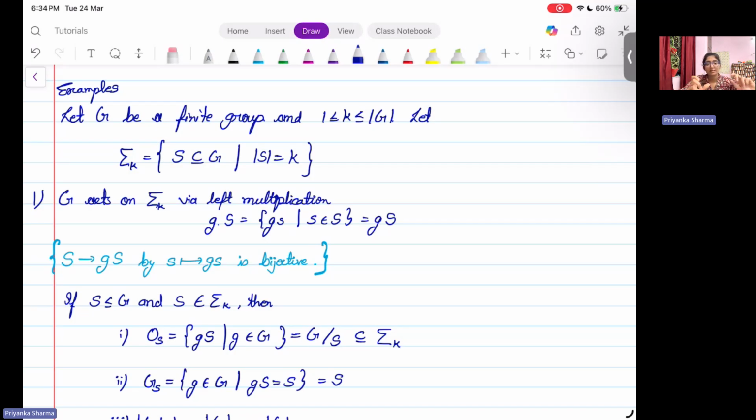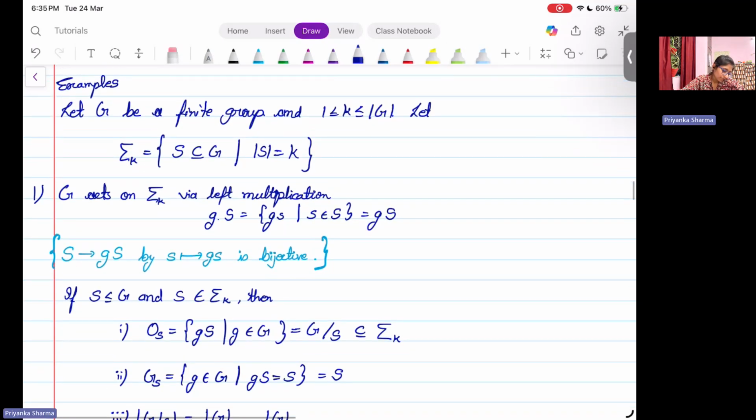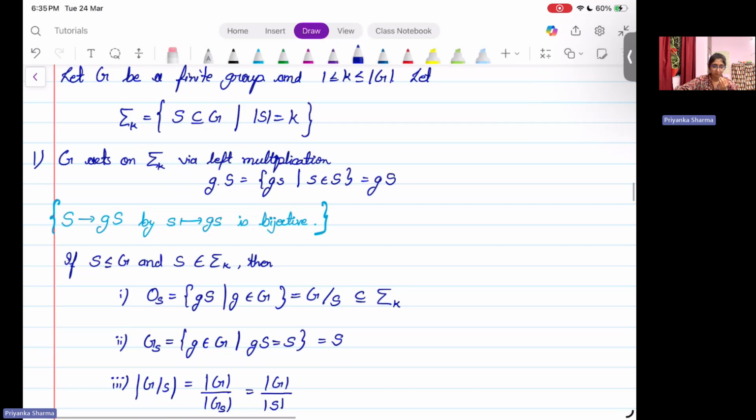That is, sigma k is a collection of all those subsets of G which have order k, which have k elements. So under this assumption, a finite group G and with this notation sigma k, we can define a group action. G acts on this set sigma k via left multiplication.